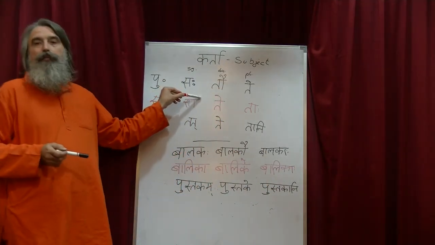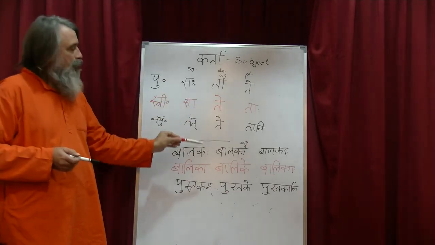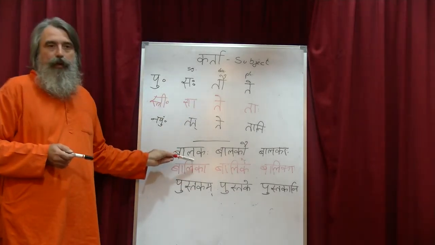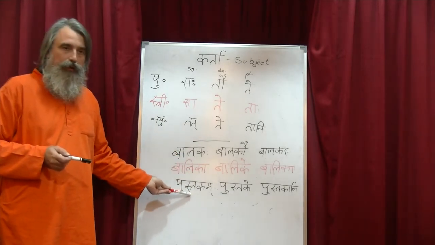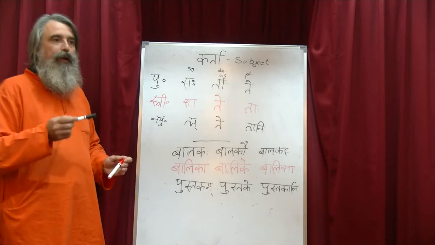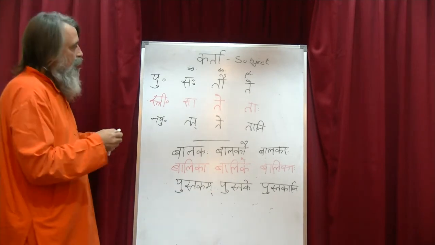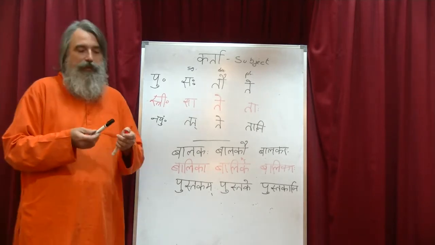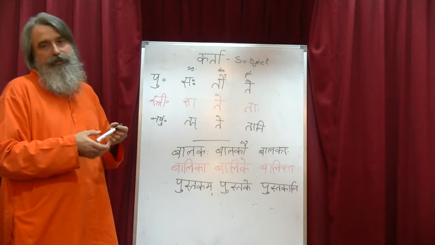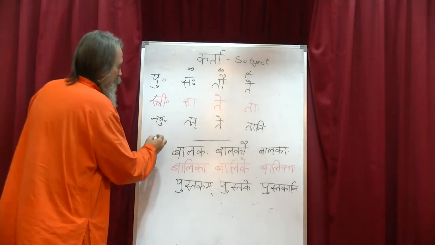This is the personal pronoun, okay? This is akarant pulling, akarant striling, and then akarant napusangling. Akarant means ending with a. Unfortunately there are differences. We cannot avoid them, but we will learn them as we go.